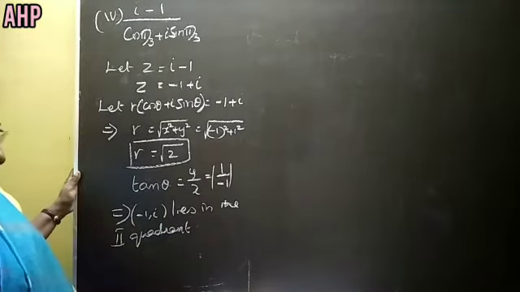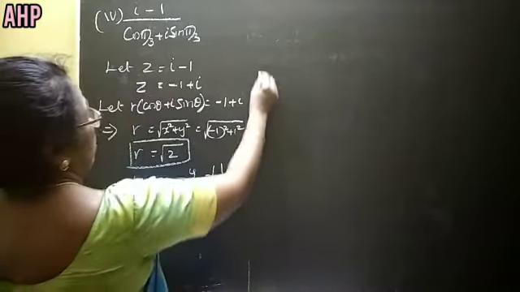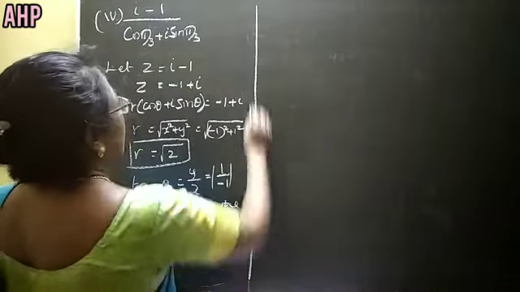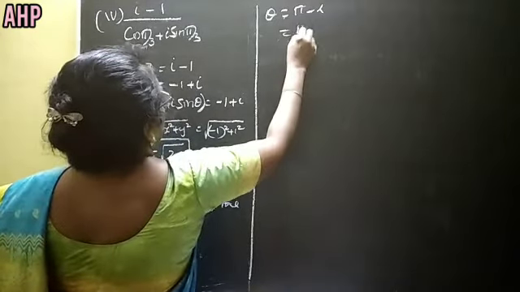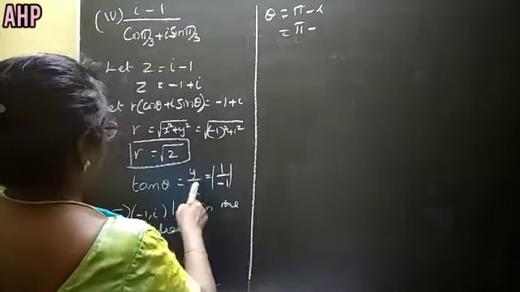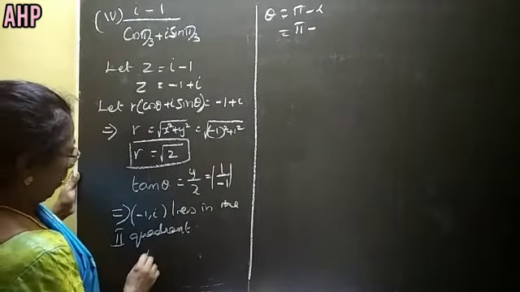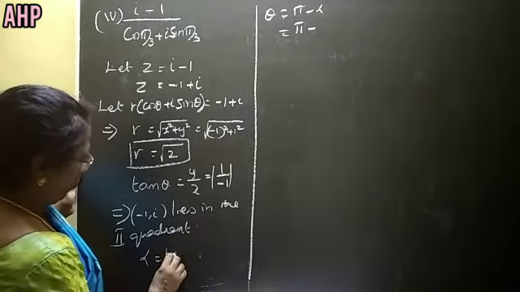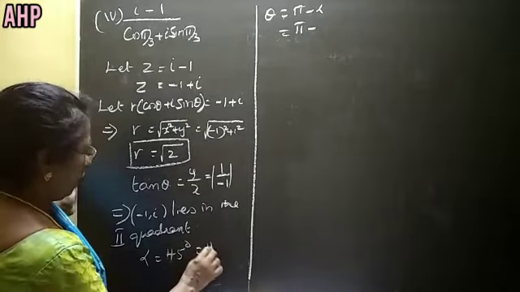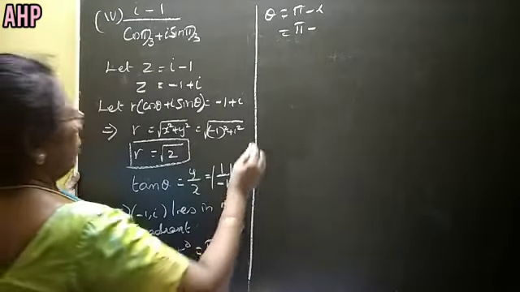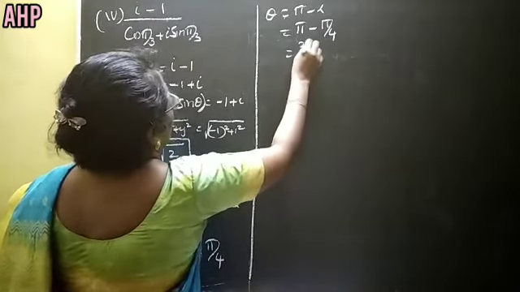So as this point lies in the second quadrant, we know that theta is equal to pi minus alpha. So tan 45 is equal to 1. So here your alpha will be equal to 45 degrees. This is equal to pi by 4. So this is pi minus pi by 4. So this will be equal to 3 pi by 4.